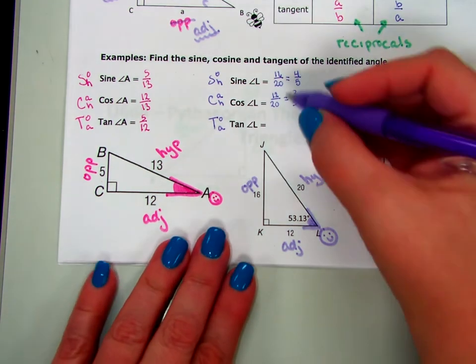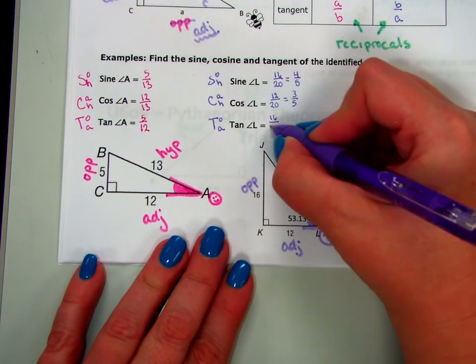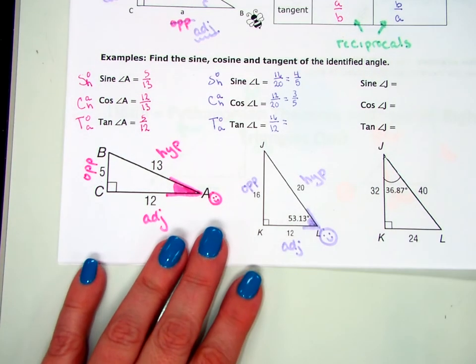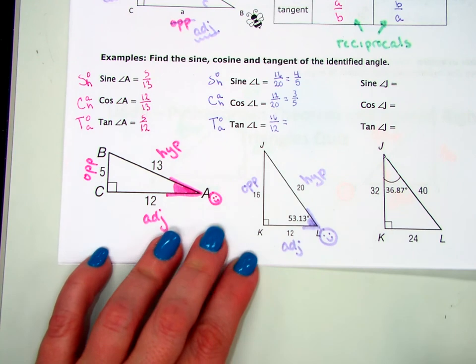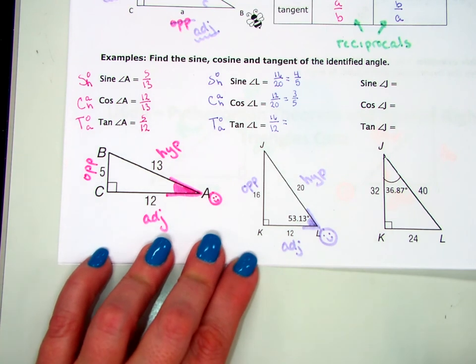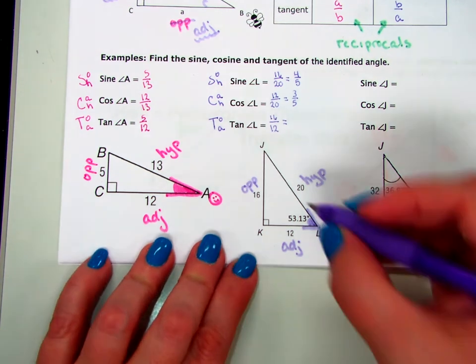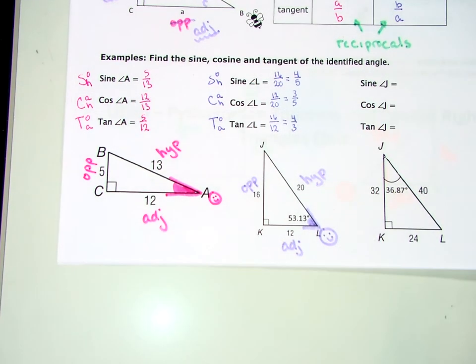Okay. And then my tangent is TOA, opposite over adjacent. My opposite is 16, and my adjacent is 12. Does that reduce? Yes, 16 over 12 to 4 over 3.